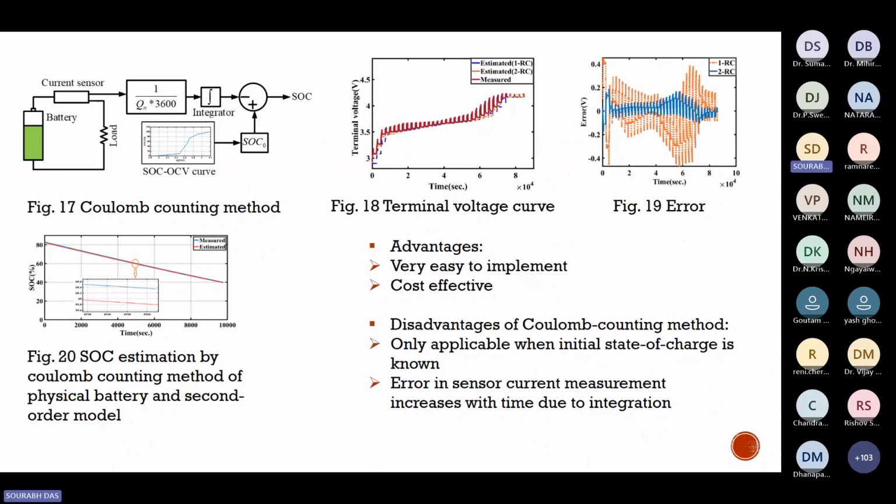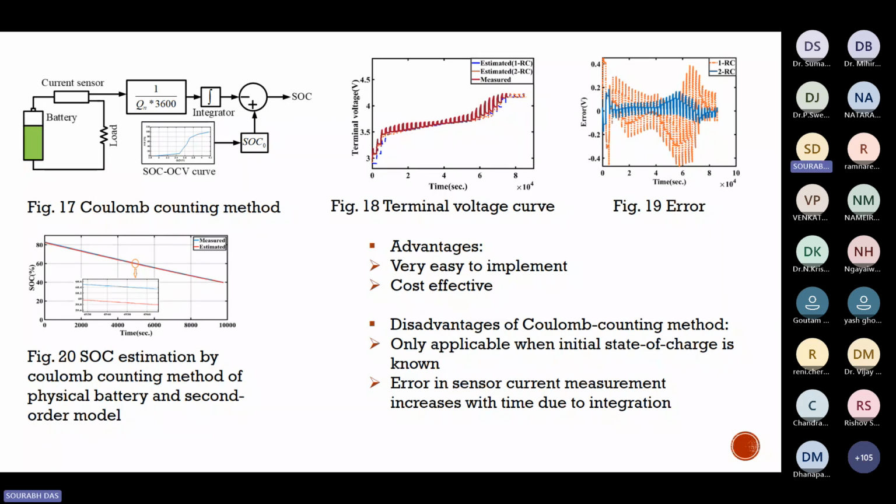Figure 18 shows the estimated terminal voltage of the 1RC and 2RC models. The red one is the measured terminal voltage, the blue one is the estimated 1RC terminal voltage, and the orange one is the estimated 2RC terminal voltage.